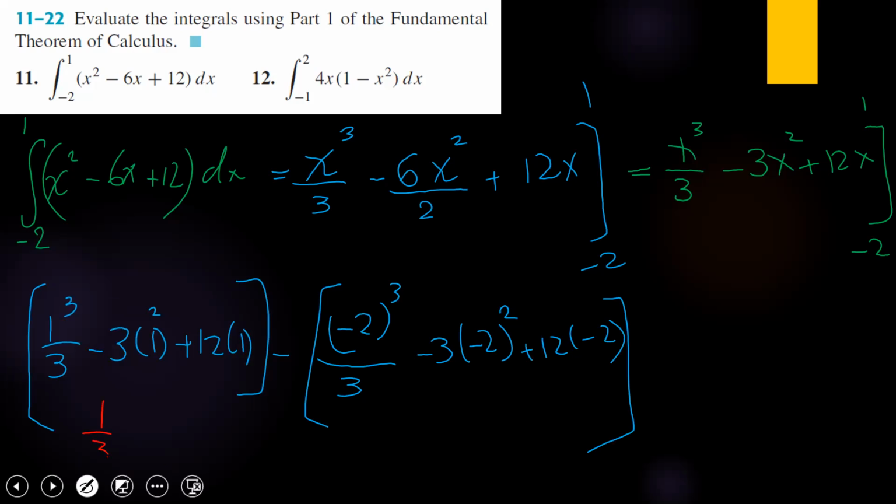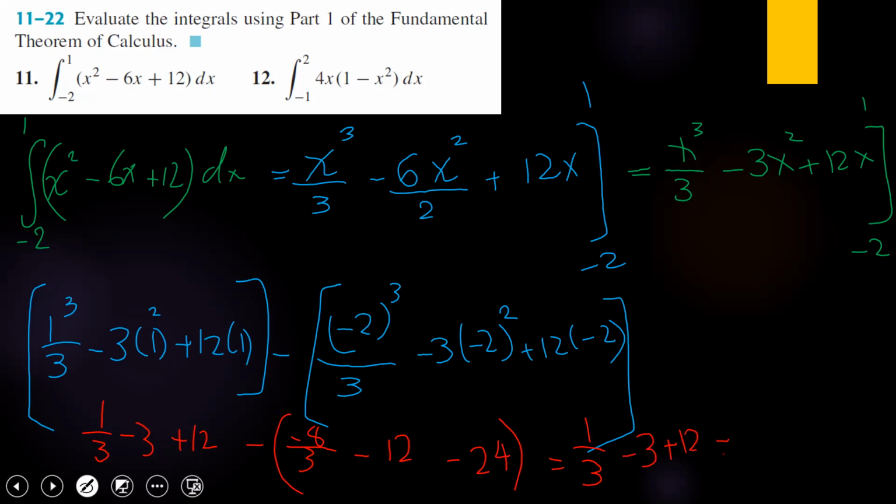Then it is a third minus 3 plus 12, minus -2 cubed, which is -8 over 3, minus 3 times -2 squared, 4 times -3 is -12, plus or minus 24. Then it's a third minus 3 plus 12 plus 8 over 3 plus 12 plus 24.